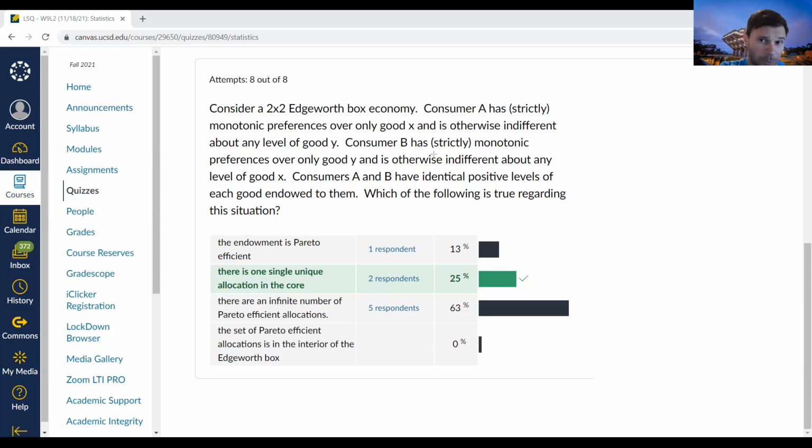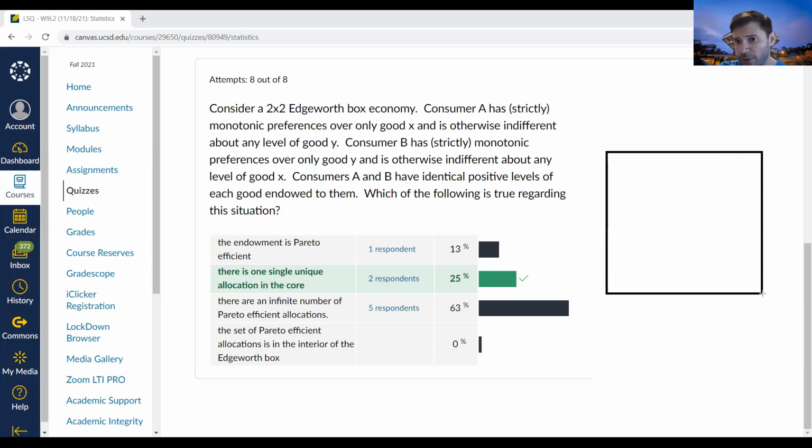If everyone has equal allocations, that means each person has the same amount of X, same amount of Y. So we have this Edgeworth square box here where the endowment point is going to be smack where in that box? Yeah, that's right. It's going to be right in the middle. Okay, so endowment point.